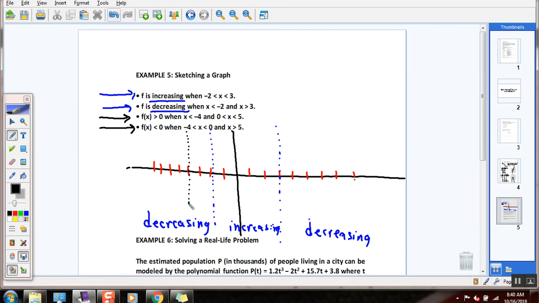I know that f of x, when we're less than -4, is a positive value. So I'm going to say we've got positive values over here. In other words, the graph is graphed above the x-axis, okay?